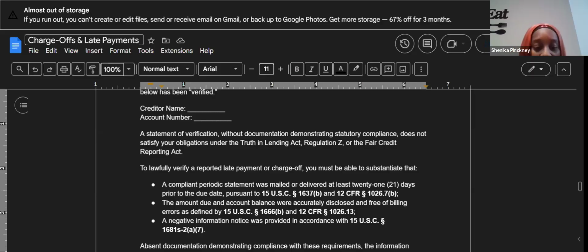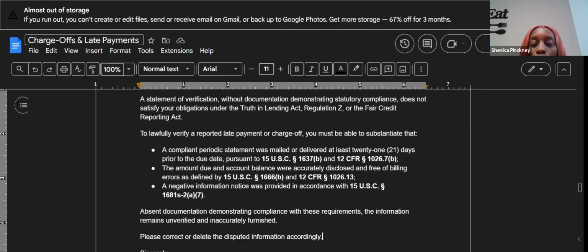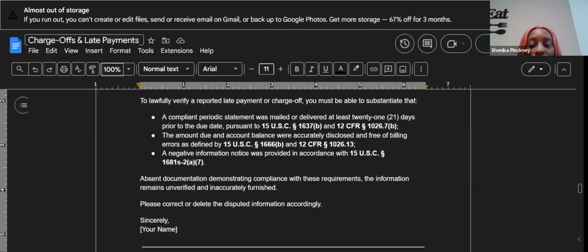Anywho, to lawfully verify a reported late payment or charge off, you must be able to substantiate that a compliant periodic statement was mailed or delivered at least 21 days prior to the due date, pursuant to 15 USC 1637B and 12 CFR 1026.7B. The amount due and account balances were accurately disclosed and free of billing errors as defined by 15 USC 1666B and 12 CFR 1026.13.